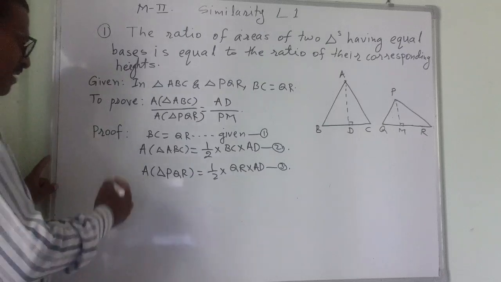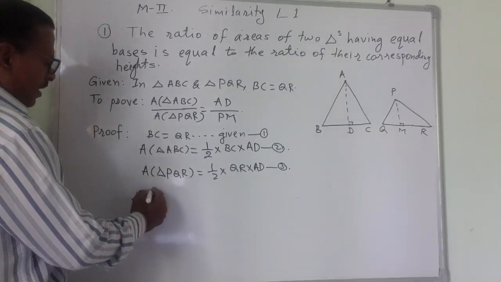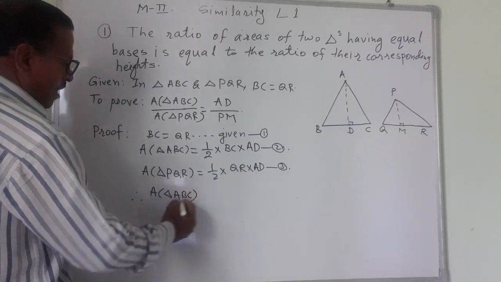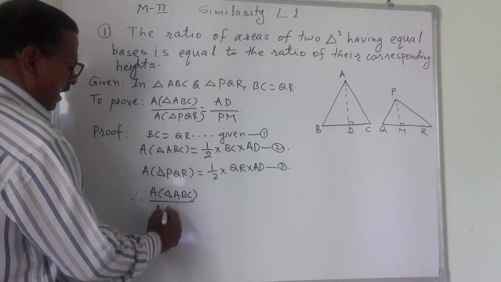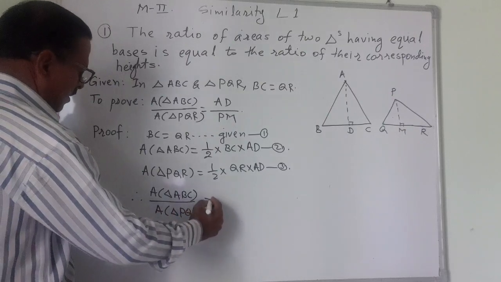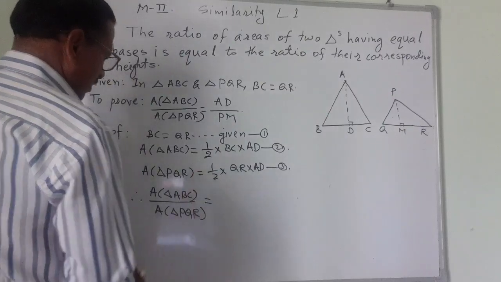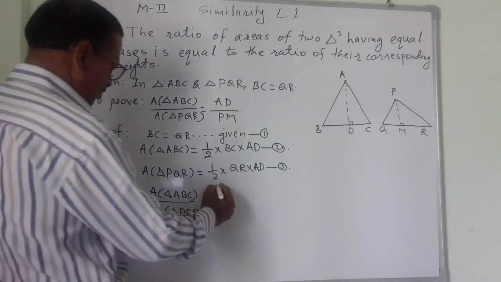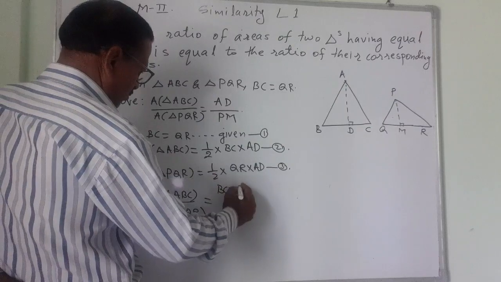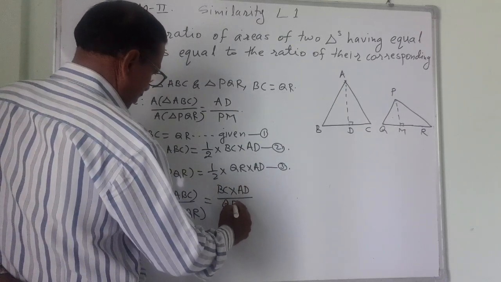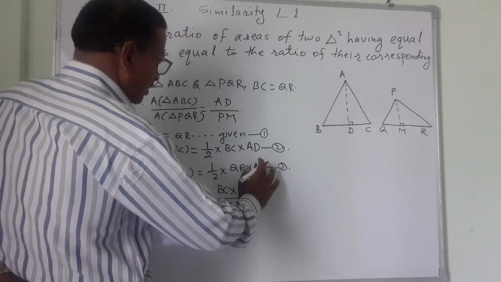From 2 and 3, I will divide. Therefore, area of triangle ABC upon area of triangle PQR is equal to, definitely this half will get cancelled, and directly I will write BC into AD upon QR into, AD, no, this is PM.